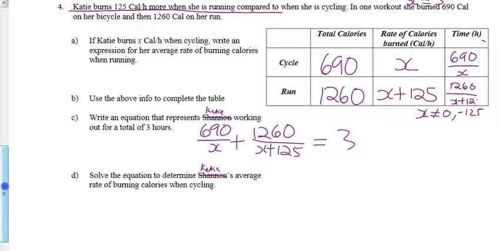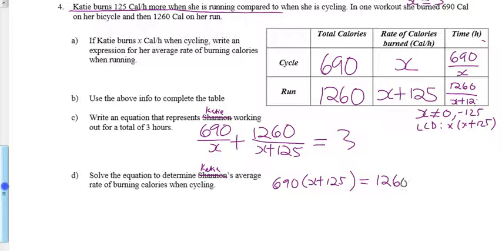All right, LCD: x times x plus 125. So both of them, so I need an x plus 125. Okay, short form solution. The 690 is going to be multiplied by x plus 125.